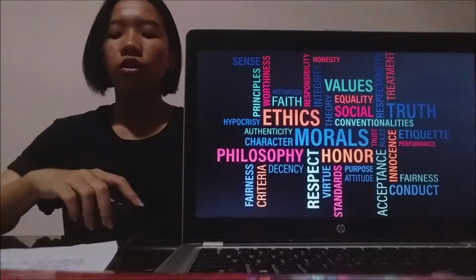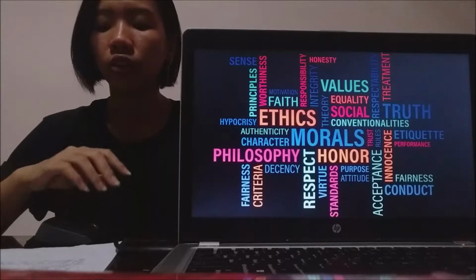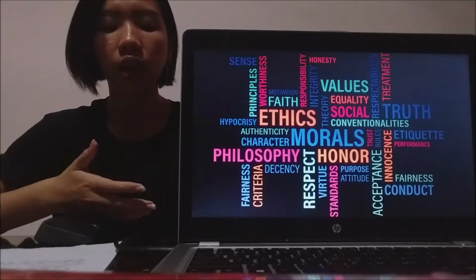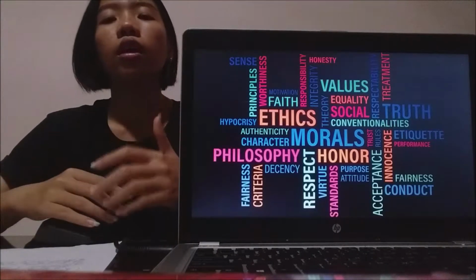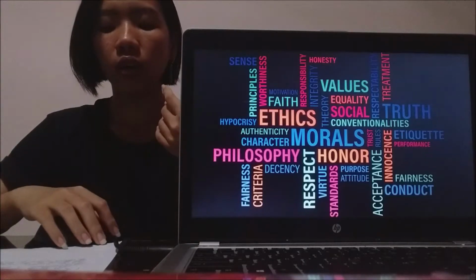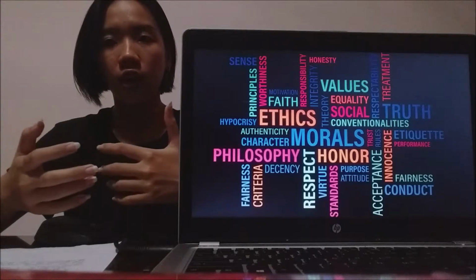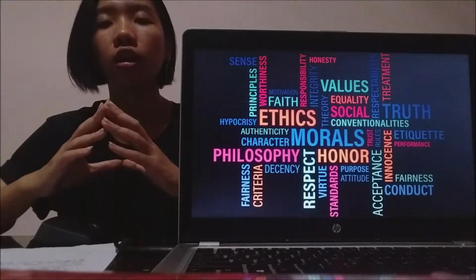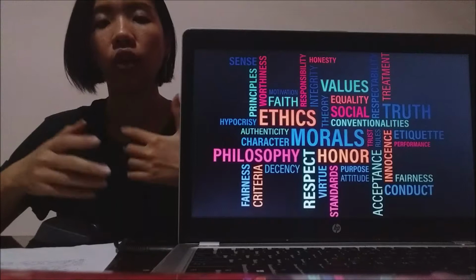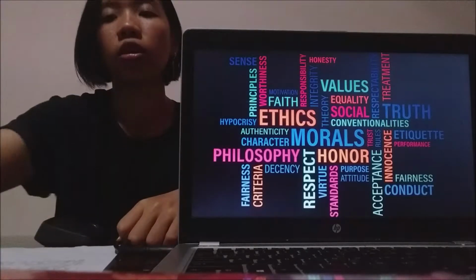And in conclusion, the manager should influence employees not only through ethical guidelines but also through action, so that employees can take that as an influence and follow to do what is right.